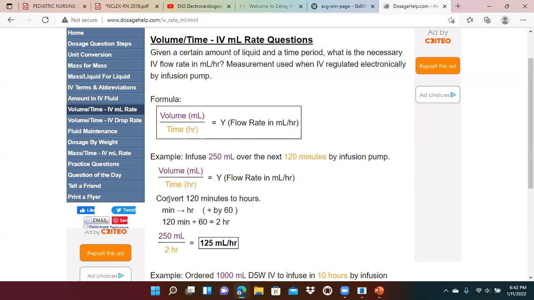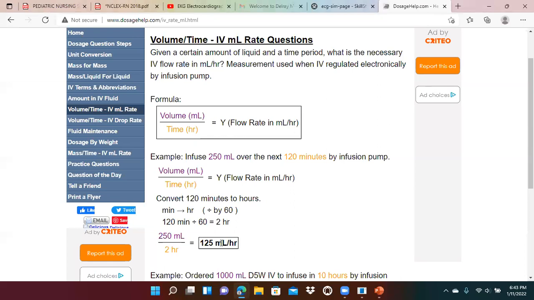So how to convert 120 minutes to hour? Minute converted to hour, divided by 60. 120 minutes divided by 60 means 2 hours. So 250 ml divided by 2 hours is 125 ml per hour.